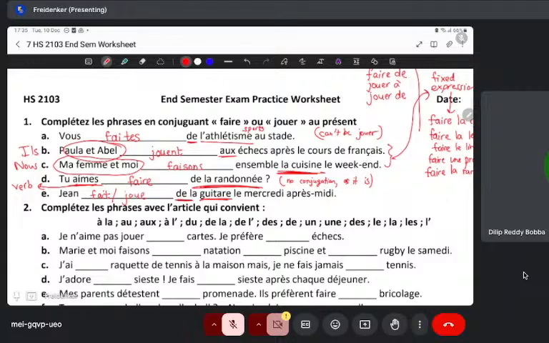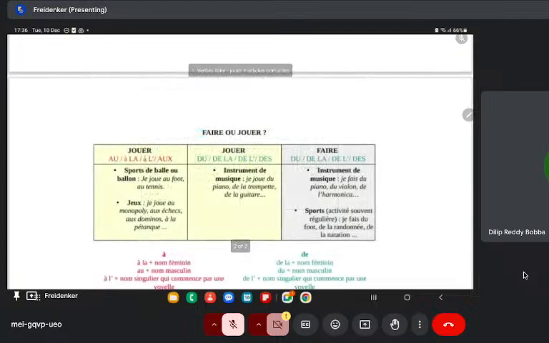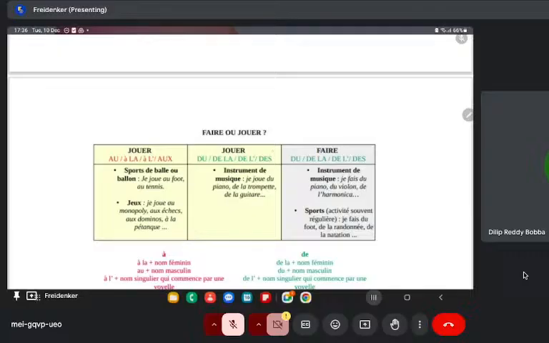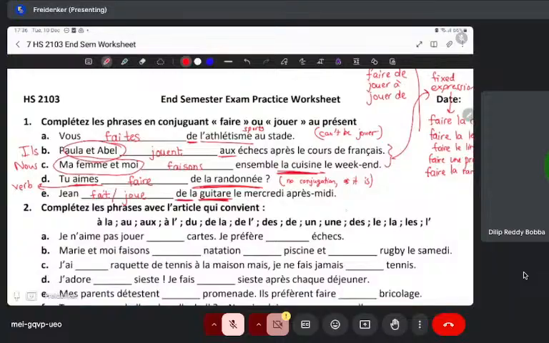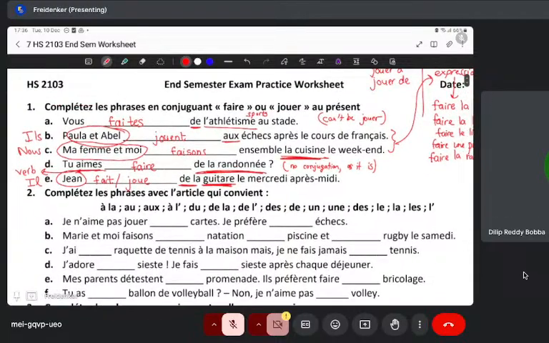Because there is de and a musical instrument, if I look at my table, de is applicable to both jouer and faire when it's about instruments. I conjugated them, so this is nothing but il. I can replace Jean with he. So he plays guitar. Fine. So this is the first question.